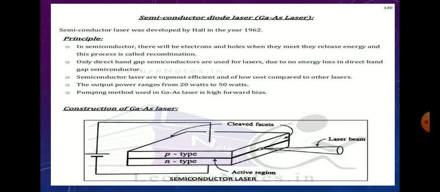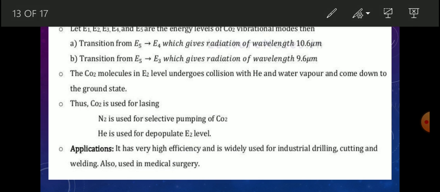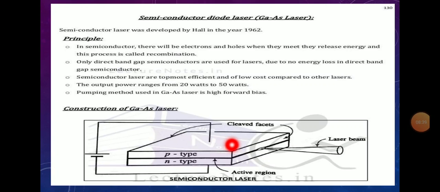When the positive terminal is connected to the p type, where the majority carriers are holes, and the negative terminal to the n type, where the majority carriers are electrons, holes are forced toward this region and electrons toward this region.